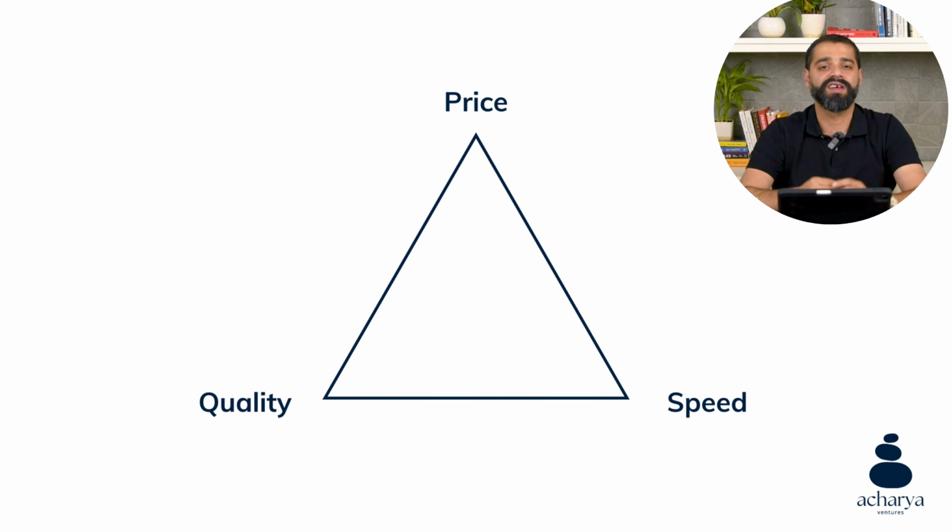Similarly, for your products, it is okay. My suggestion at the early stage would not be to compromise with speed. If you can do something fast, that's always a better option. So you might want to compromise with either the quality or the price, right? If you have the money, go ahead, get something amazing built, which has good quality, and it can happen faster.